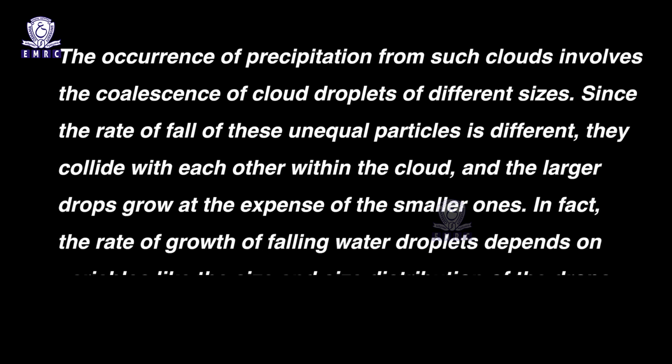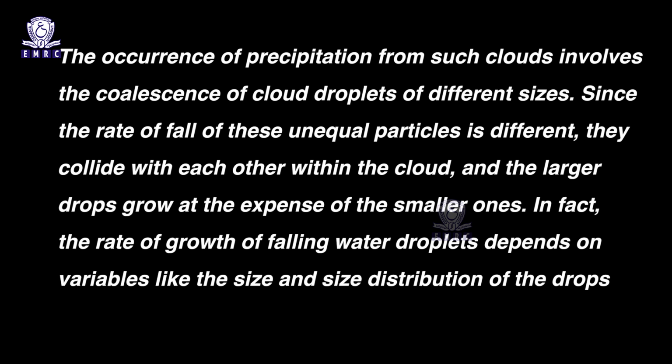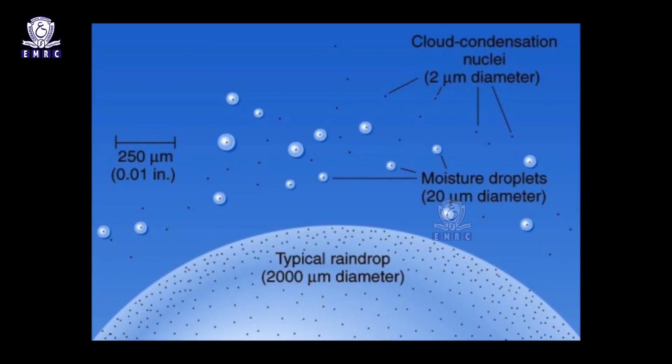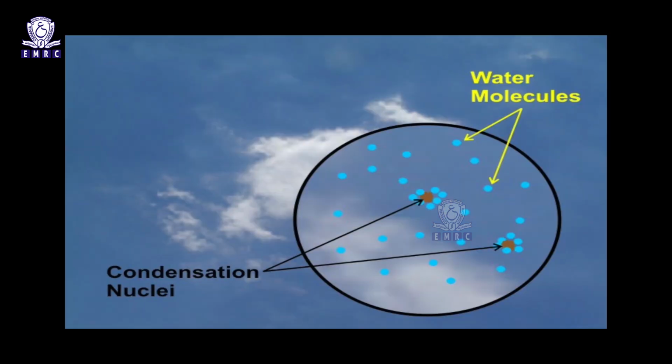In fact, the rate of growth of the falling water droplets depends on variables like size and size distribution of the drops and their concentration in the cloud. Clouds made up exclusively of liquid droplets can generate precipitation only when they contain droplets larger than 20 micrometers. For the formation of these large droplets, giant condensation nuclei are required.